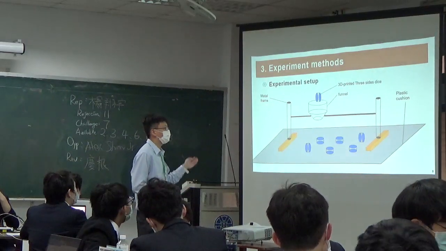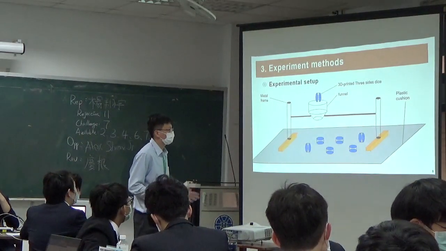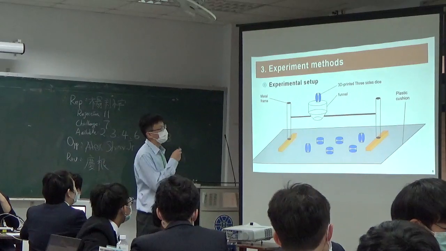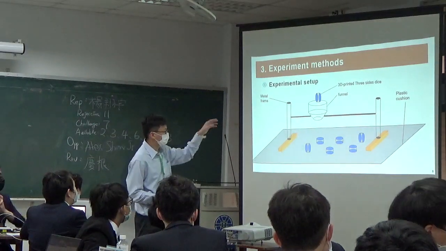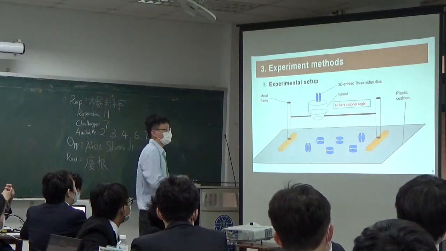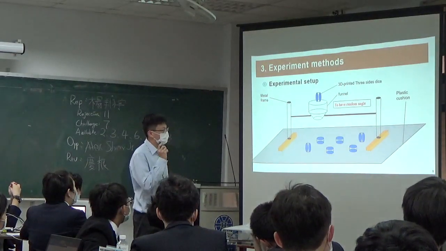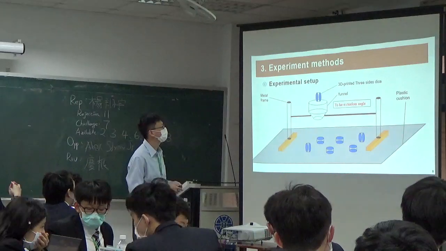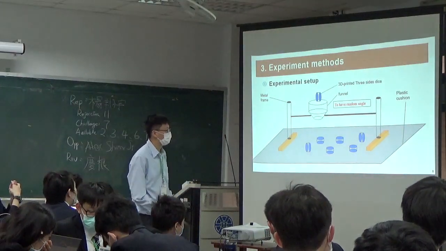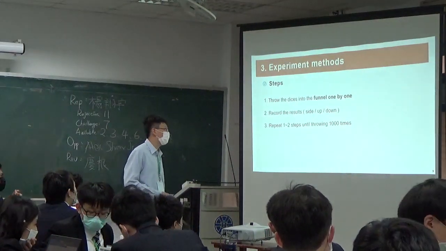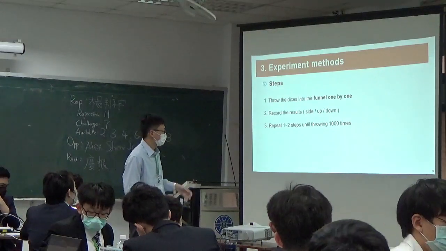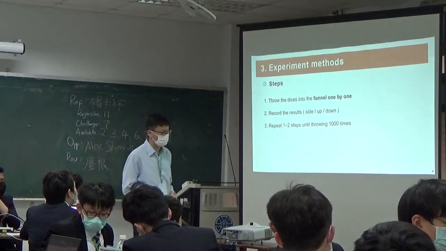And this is our experiment setup. We have a metal frame to hold the funnel, and we throw a 3D printed three-sided dice into the funnel, and the funnel is used to give the dice an initially random angle. So we can record the result like this. We throw the dice one by one and record the result, and repeat steps 1 and 2 until throwing 1,000 times.